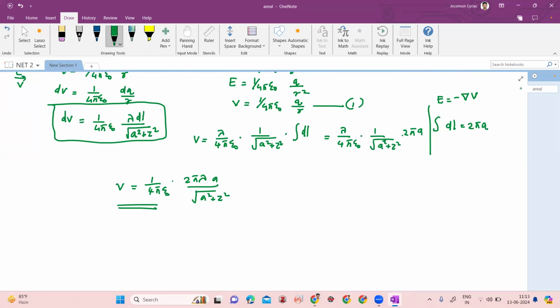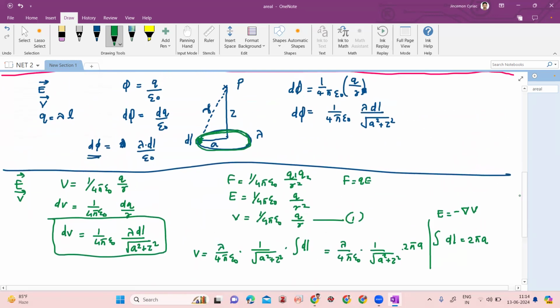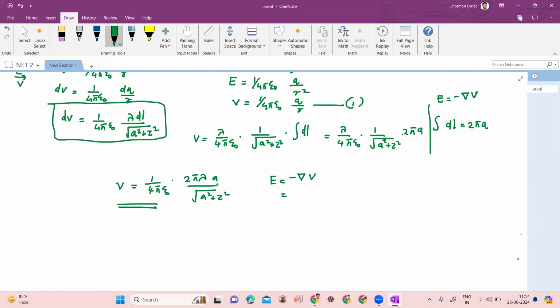So we know that E is equal to minus del V, and we can take it in the Z direction. So del is equal to i into dou by dou Z. So that is equal to minus dou by dou Z of this V, 1 by 4 pi epsilon 0 into 2 pi lambda a by root of a square plus z square.